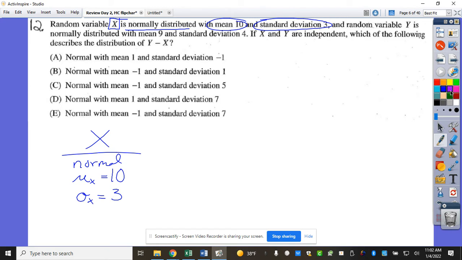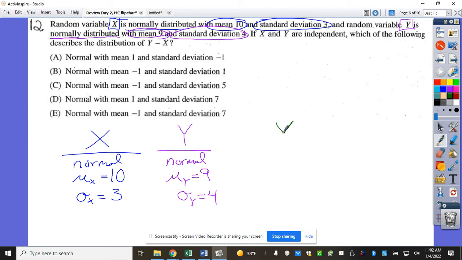And then we have random variable y is also normally distributed, mean 9, standard deviation 4. It asks us to combine them, and combine them how? Y minus x. Y minus x.